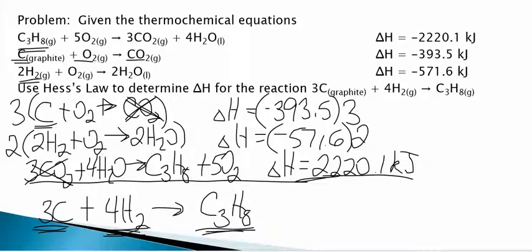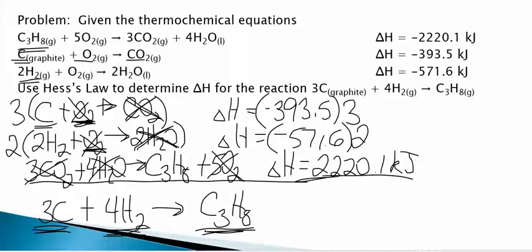They cancel. If you look at water, I have 4 water here, I have 4 water here on the reactant side. They cancel. If you look at oxygen, I've got 3 oxygen here and 2 oxygen, so that's a total of 5 oxygen on the reactant side. Well, I have 5 oxygen on the product side, so all of the oxygen cancel out. So everything else will add up to give my final equation.